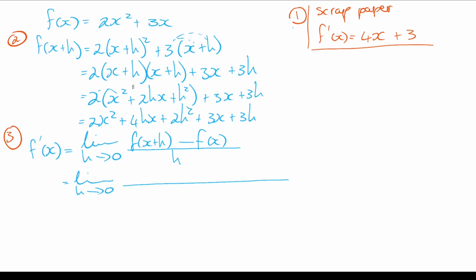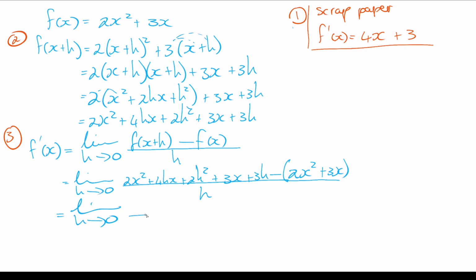Now I substitute in this business: 2x squared plus 4hx plus 2h squared plus 3x plus 3h minus, and now please use brackets, because if you don't, the chances that you make a sign error is huge, and then you lose your marks, and we don't want that, do we? 2x squared plus 3x over h, limit as h tends to 0.